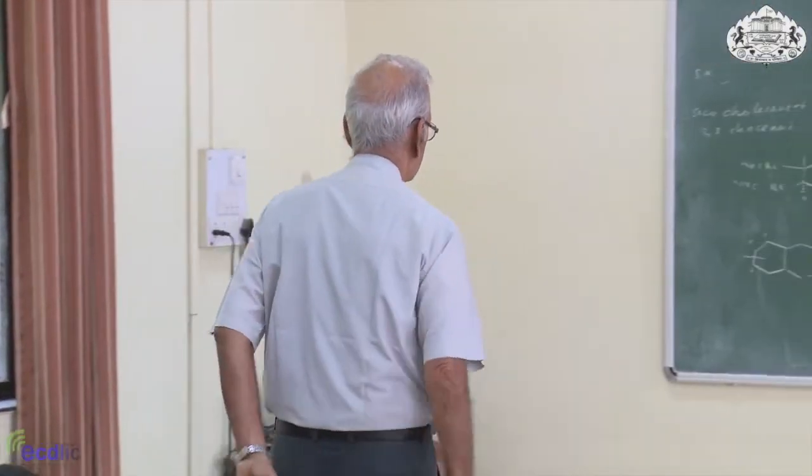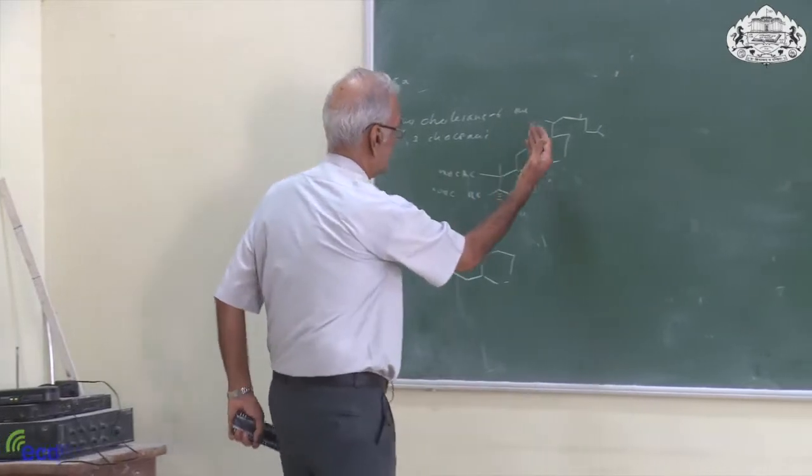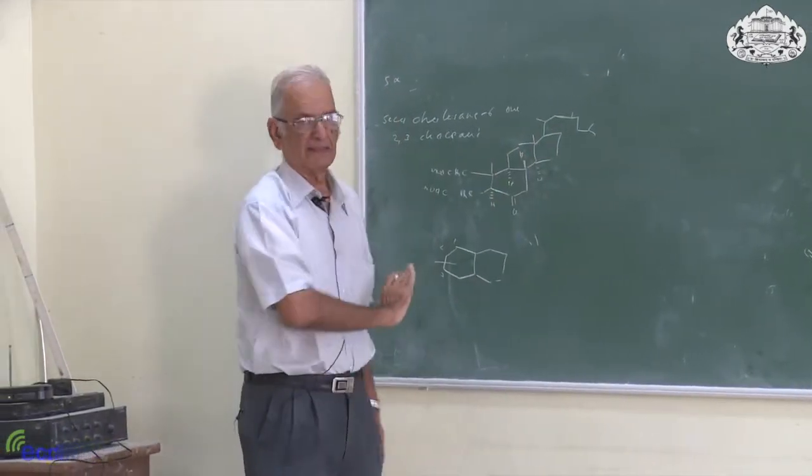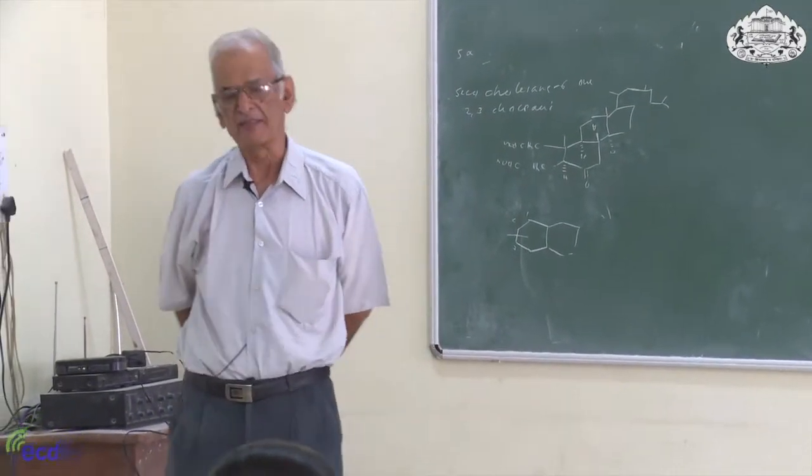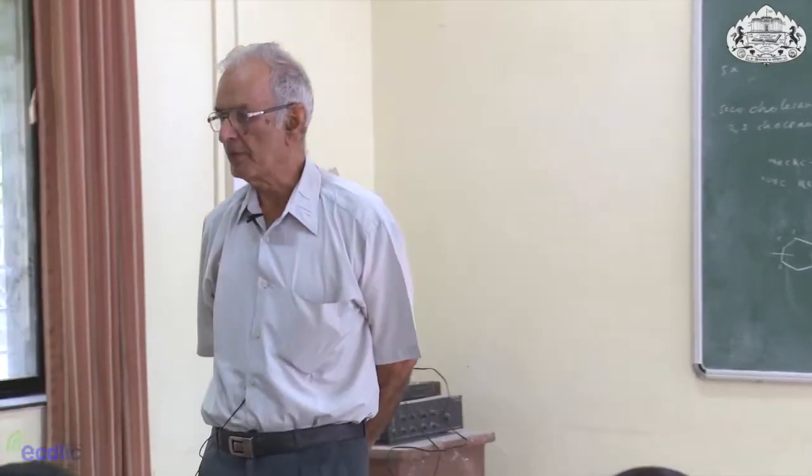Why choose this compound? Number 1, as it is a steroid, absolute configuration is known. What is known? The 5-membered ring is always on this side, ring A is always on this side. So, absolute configuration is known.